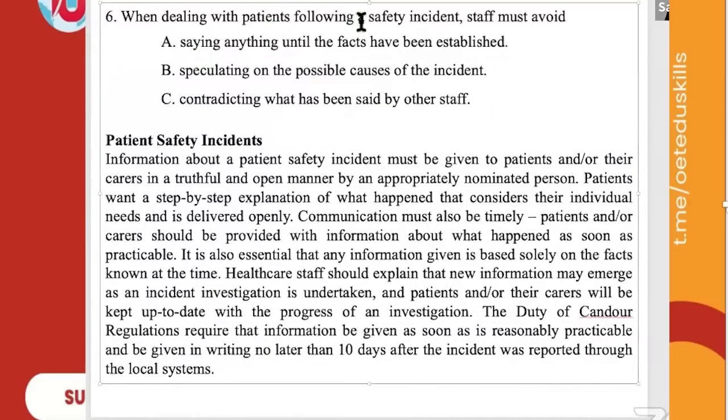Okay. When dealing with patients following a safety incident, staff must avoid. Staff must avoid what? Don't say anything. Then speculating. Speculating means speaking about the future things. Contradicting what others said. Let's see.